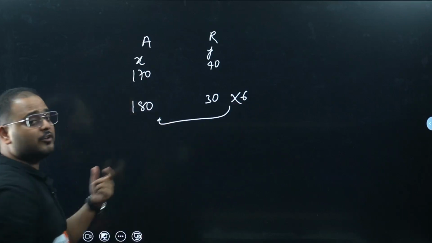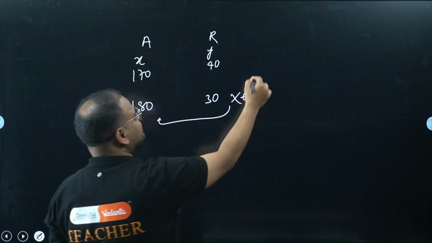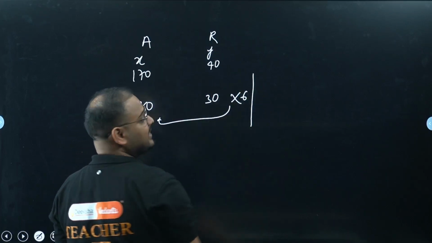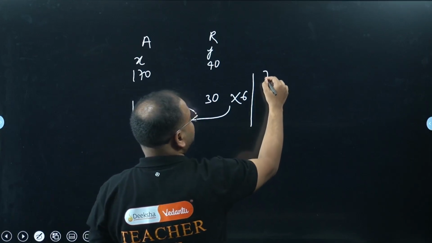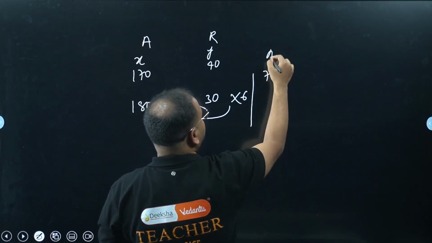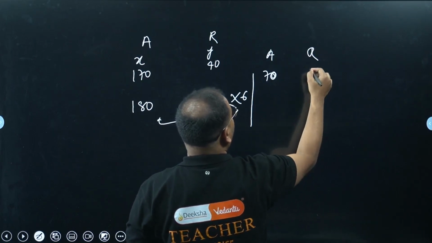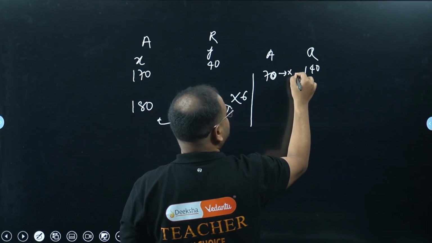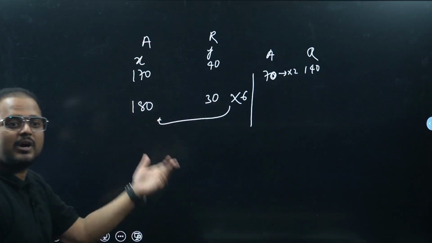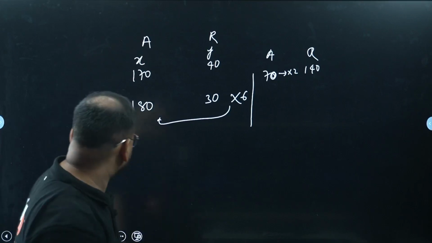So he is right. If you give me 10, he is going to be 6 times as rich as Rutu. And the second statement was, if you give me 100, then this will become 70, because Akash is losing 100, and Rutu will gain 100, so 140. So what is happening here? 2 times. So the answer is verified. We don't need to do that, I just wanted to explain it to you.